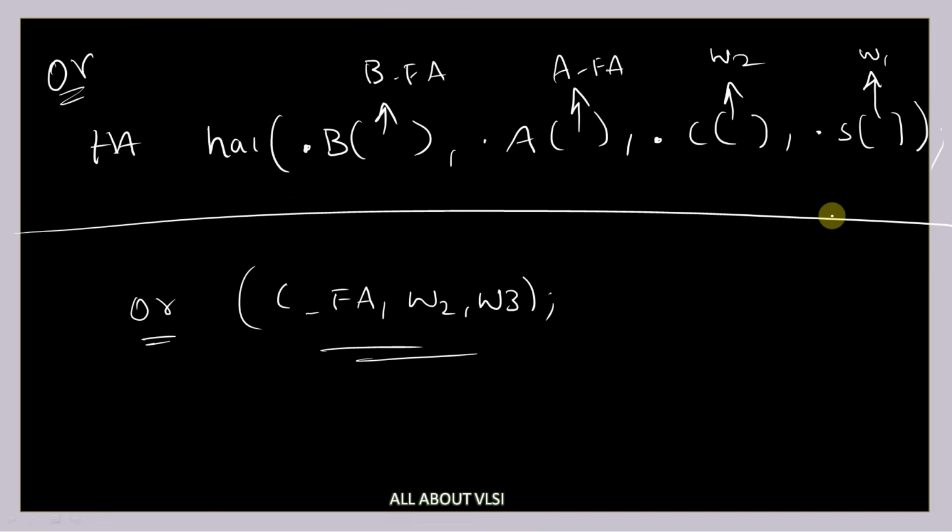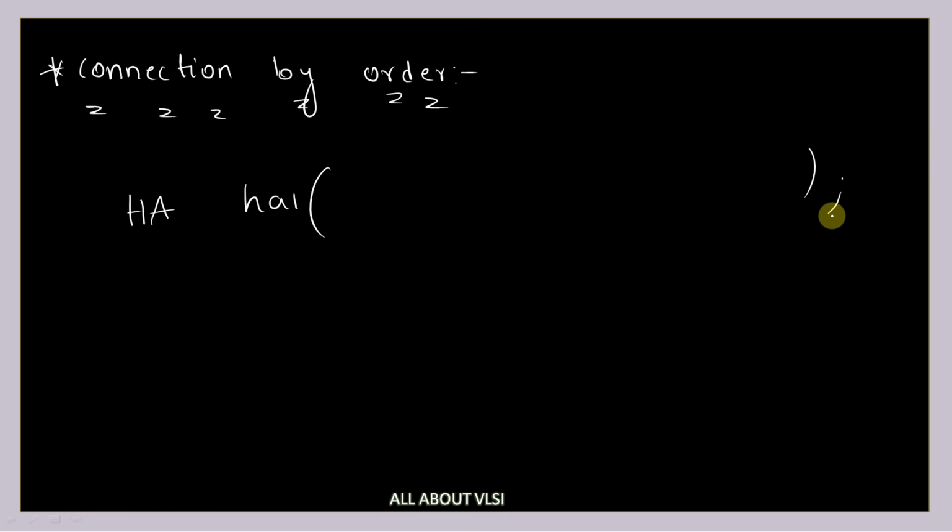Previously we wrote the half adder variables and connected them with the corresponding full adder variables. But now we simply write the variables related to our full adder. Here the order is very important.